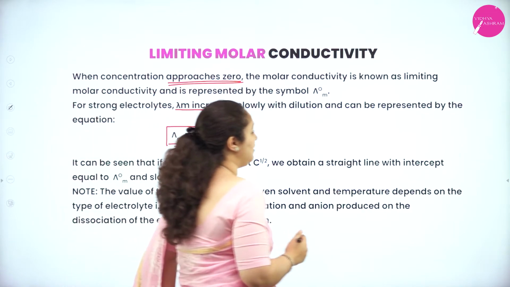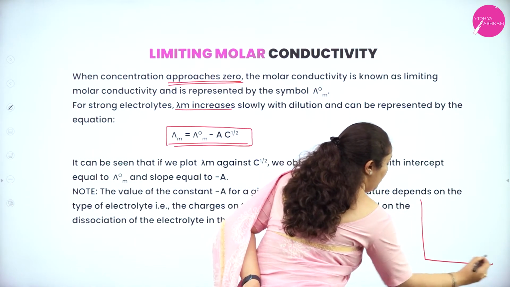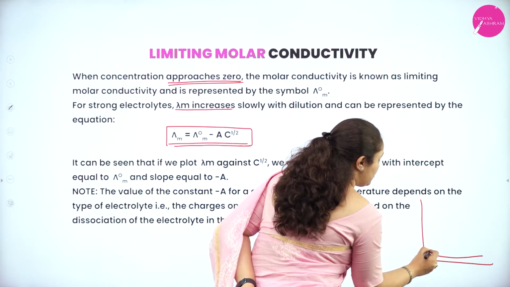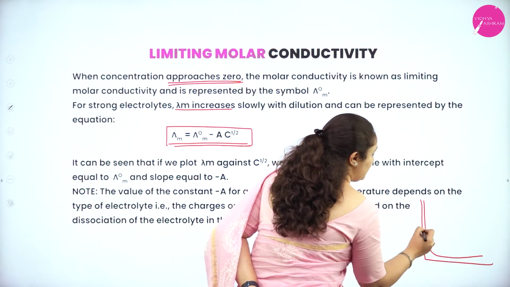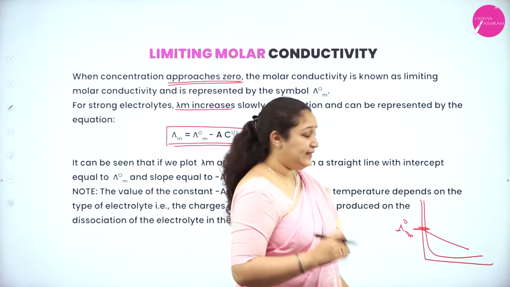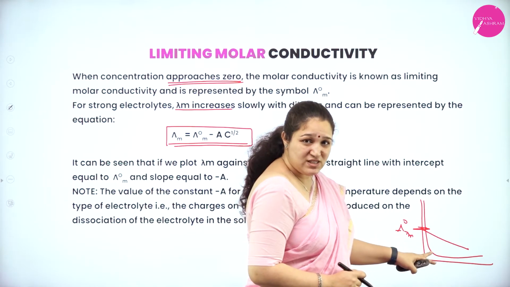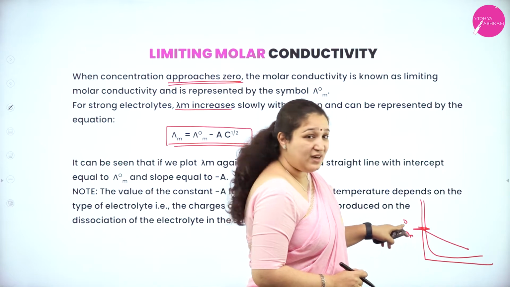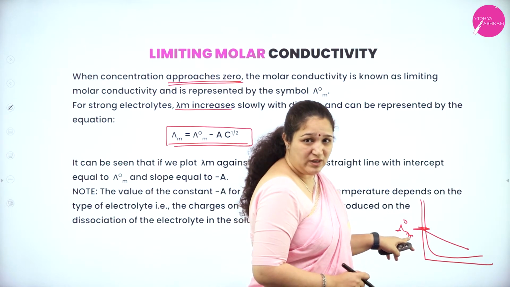Because you can see in the graph here, for weak electrolyte, it is going on increasing like this. But for a strong electrolyte, you get the limiting molar conductivity. I can tell that when concentration is 0, then the molar conductivity is called the limiting molar conductivity.